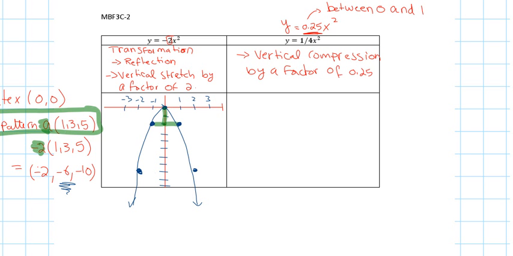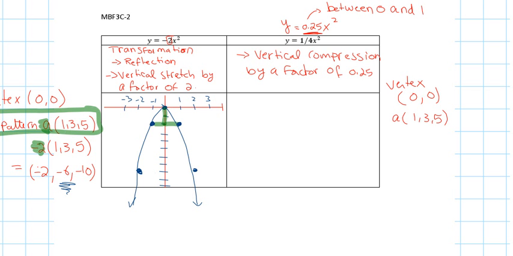All right, so let's start by writing the vertex and the step pattern. What's my vertex? 0, 0. That's the vertex. What's my step pattern? Remember the step pattern is multiplied by a. You don't just say 1, 3, 5. What's my a value? 0.25.